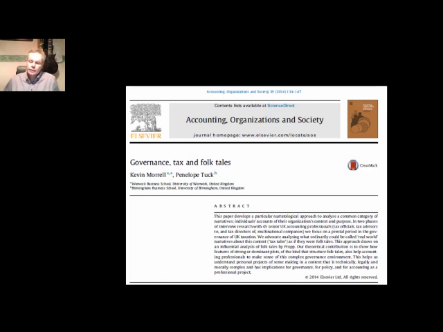In this paper, this does actually have interview data in it, so the paper itself is not quite the same as what I'm advocating, which is just to use documents.